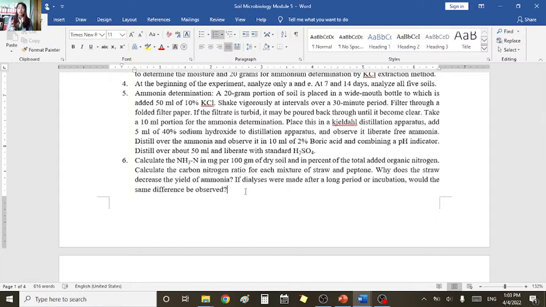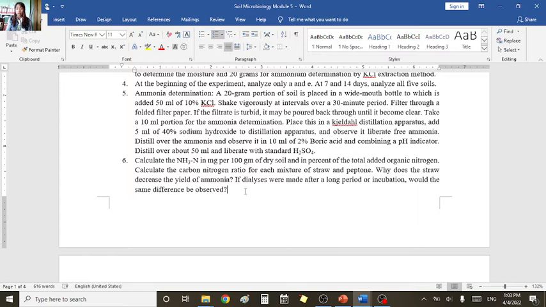Again pala, dun sa Kjeldahl method, ang pwede kasing i-analyze using that method is yung ammonia, ammonium, and then total nitrogen. Okay? So, yung ibang method, you can analyze others pa.